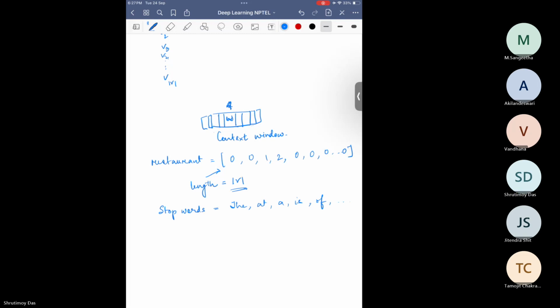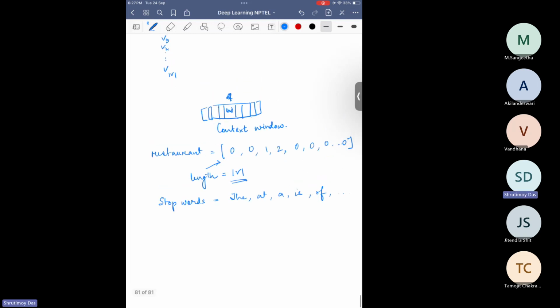Okay. Then there is another concept that is shown, the concept of PMI.